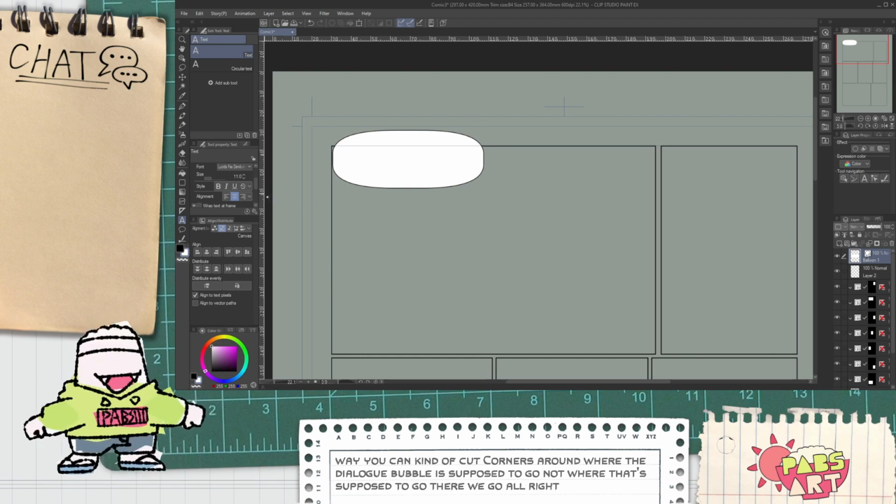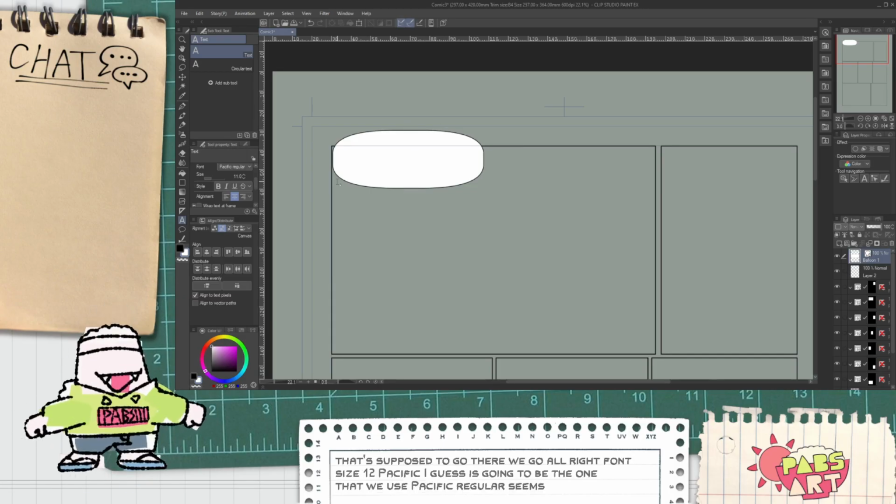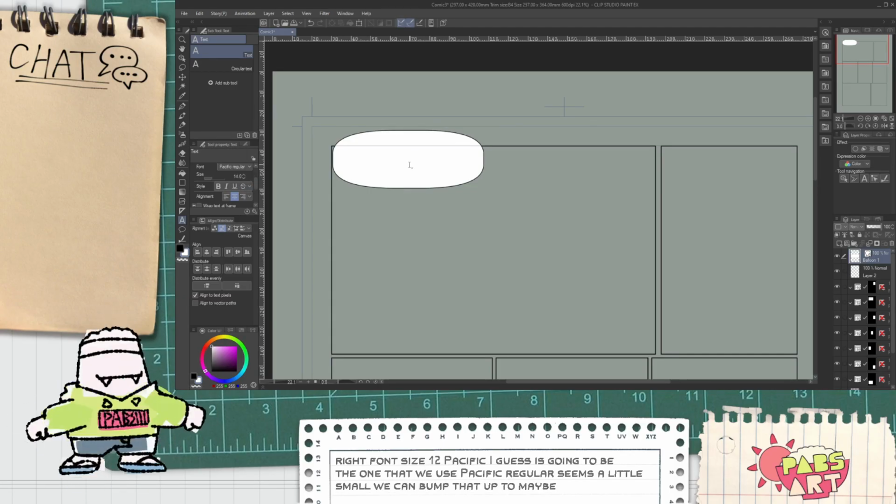All right, font size 12, Pacifico, I guess, is going to be the one that we use. Pacifico regular. Seems a bit small. We can bump that up to maybe 14.